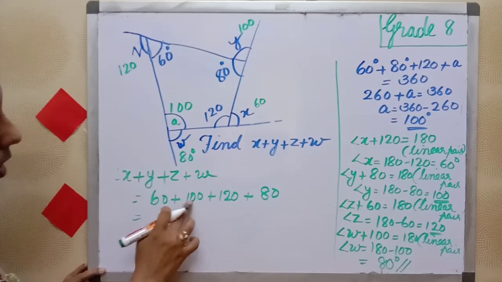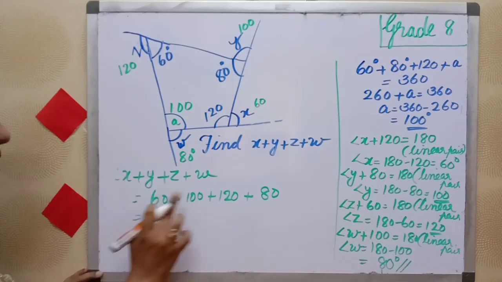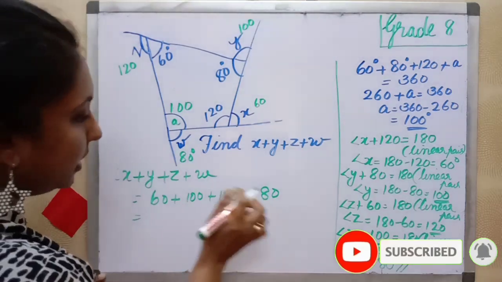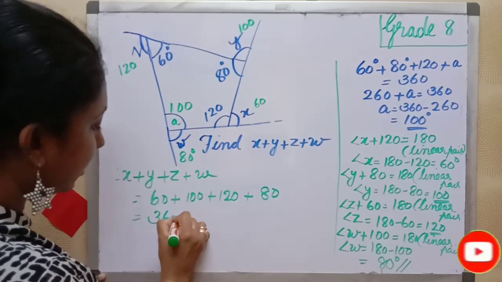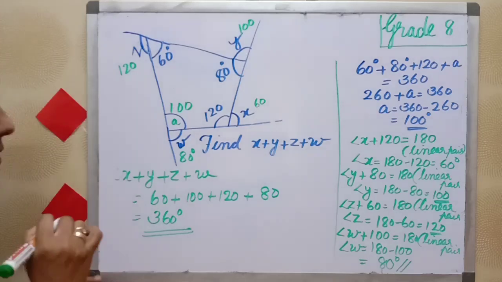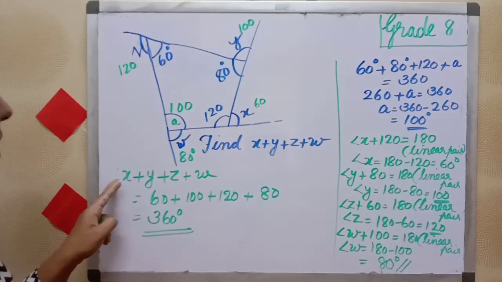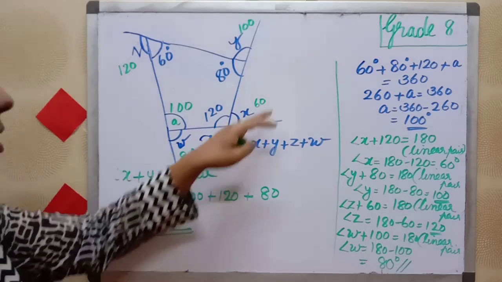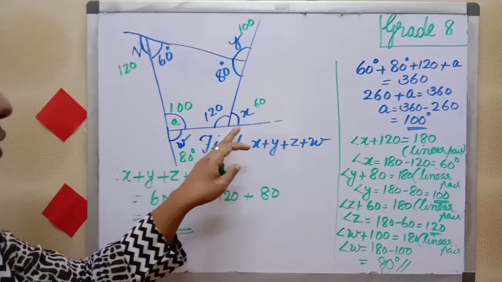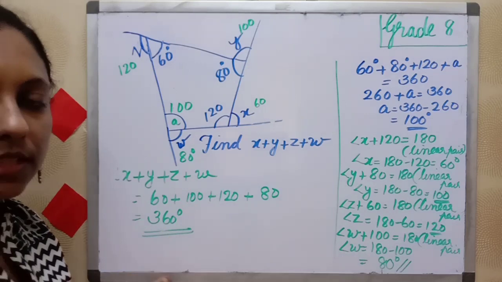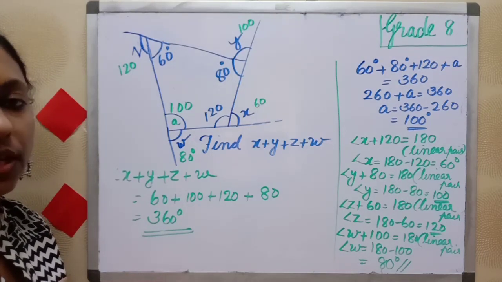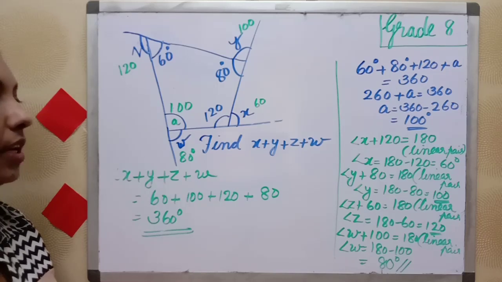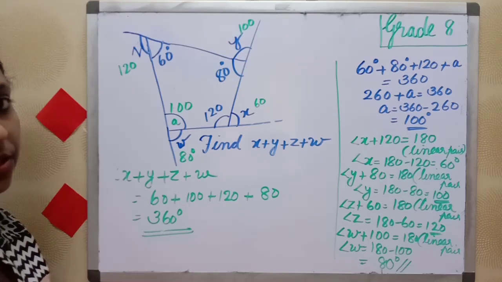So 100 plus 60, 160 plus 120, 280. 280 plus 80 is 360. So x plus y plus z plus w is 360. That is, the sum of the exterior angles of this quadrilateral is 360. That is correct. The sum of the exterior angles of any polygon is 360. So our answer is correct.